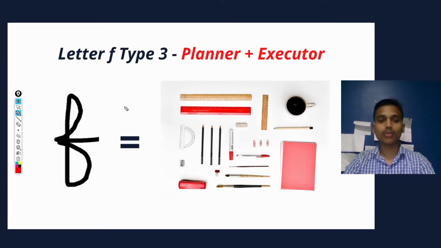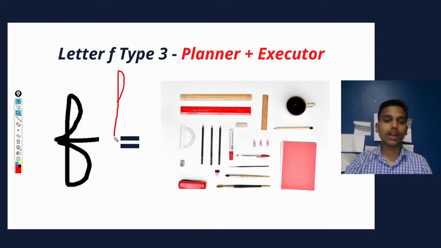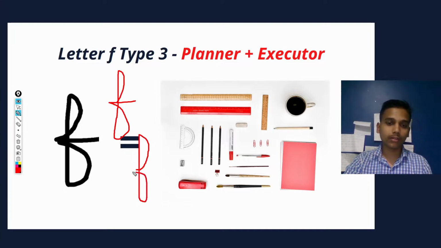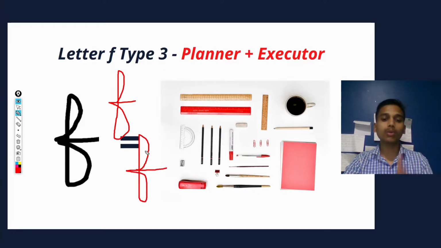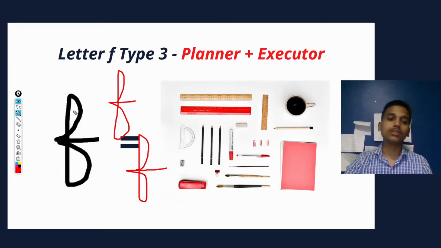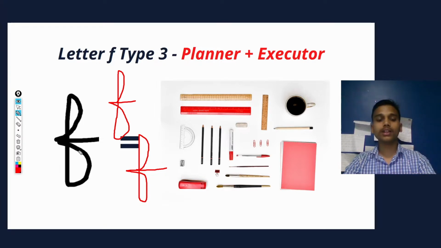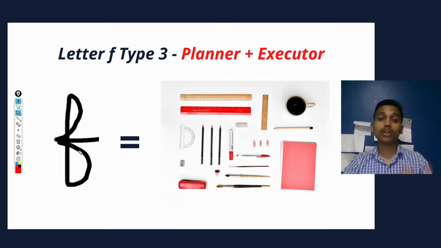Ideally, you must have at least equal loops. This is not equal. So at least equal loop size, or else you must have the upper loop a little small and the lower loop a little bigger. So it will help you in becoming more organized.